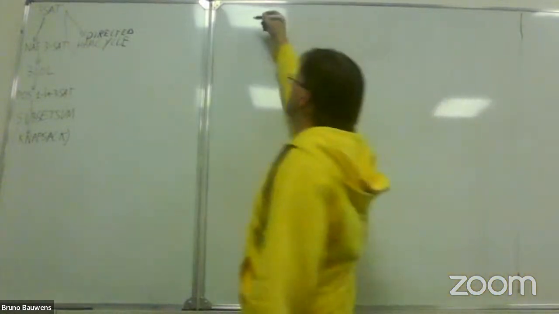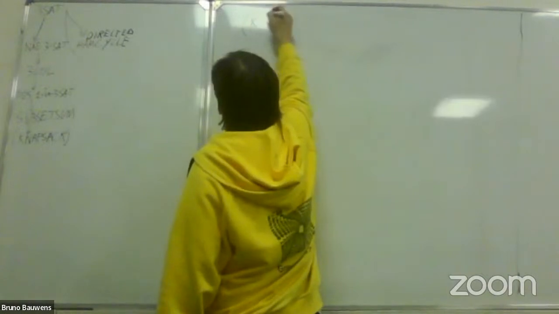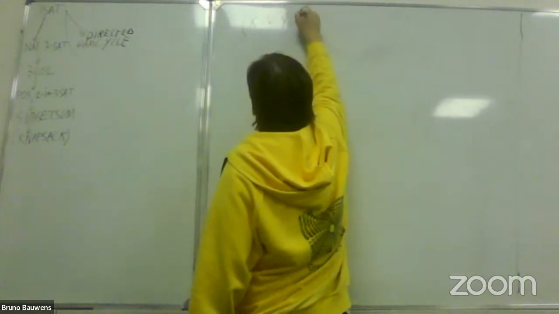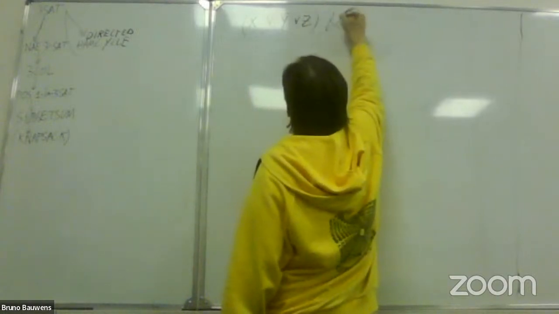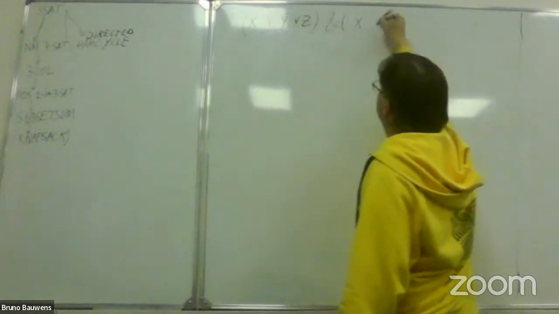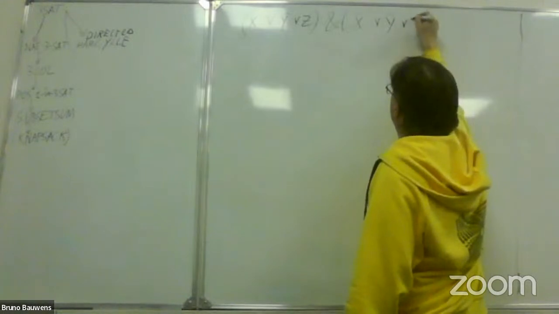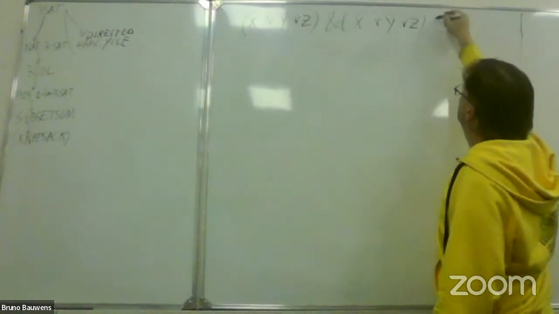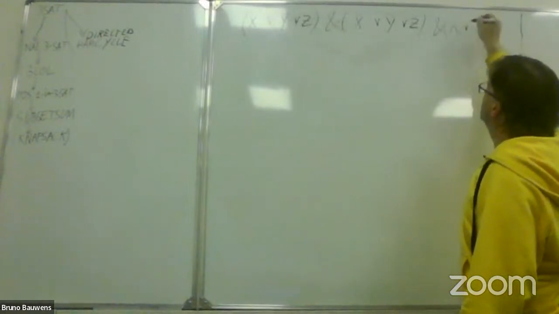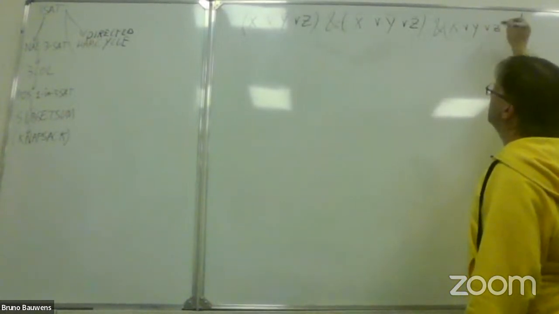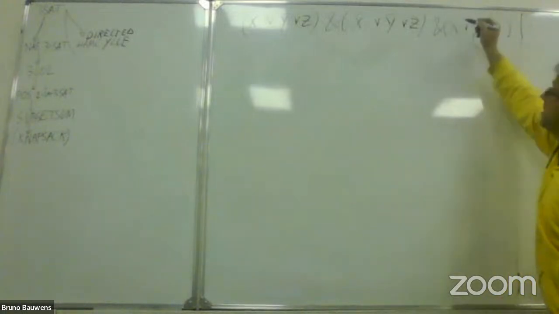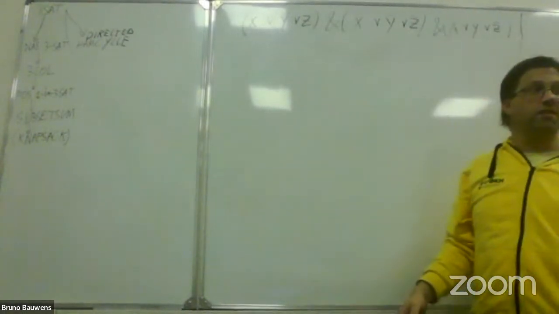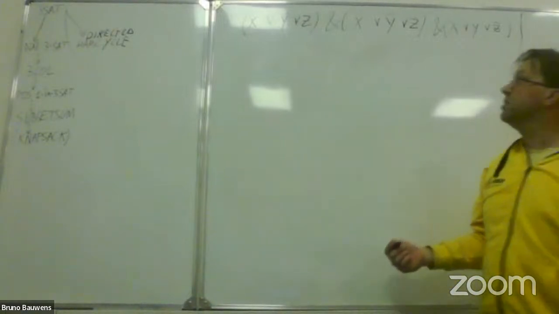So let's do an example. X or not Y or Z, and not X or not Y or Z. That's a bit stupid. And X or Y. Okay, so this formula has three clauses, and all the clauses have length 3.